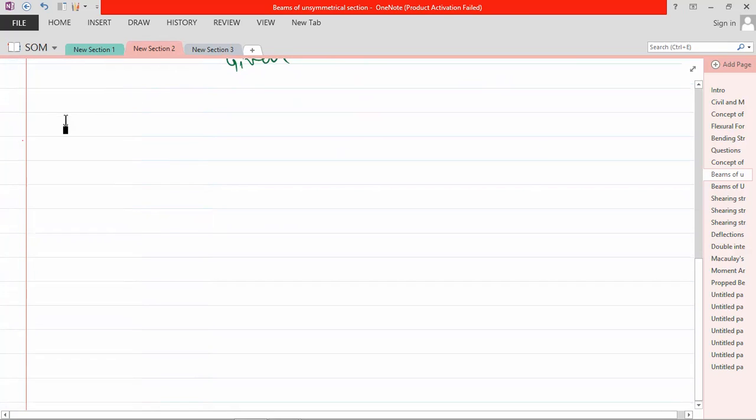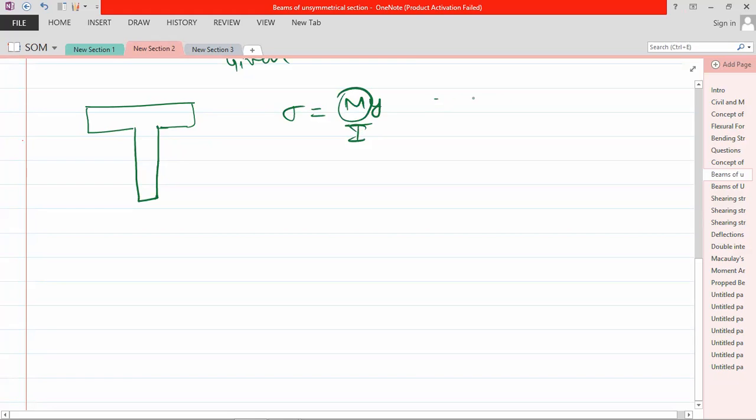So let me go with the T section. Suppose this is the T section. As you know, first of all, you know the formula M y by I. You can obtain M from the load acting.